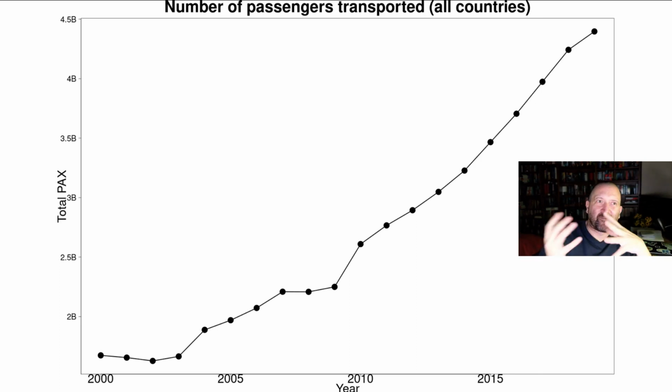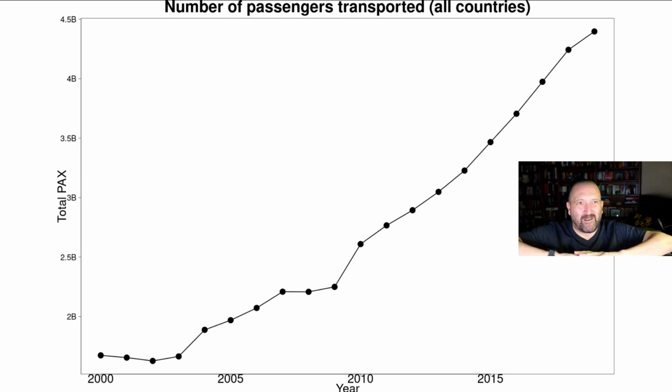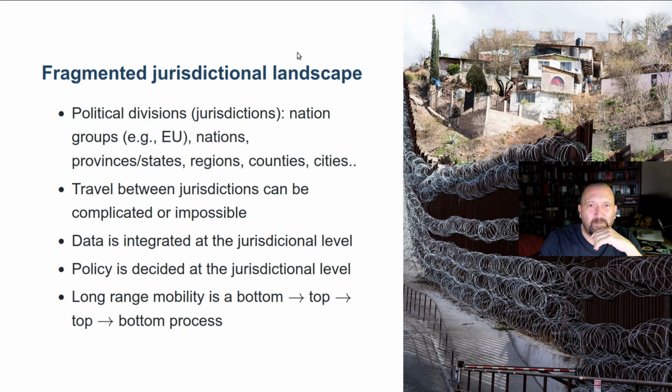Now, I'm interested in heterogeneity, so I want to explain why. You could think that we could consider the whole world as one, but there is also a lot of heterogeneity happening on the spatial aspect. If you think from a jurisdictional point of view, the political divisions, nation groups, nations, provinces, states, countries, cities, etc., they all work as little entities.